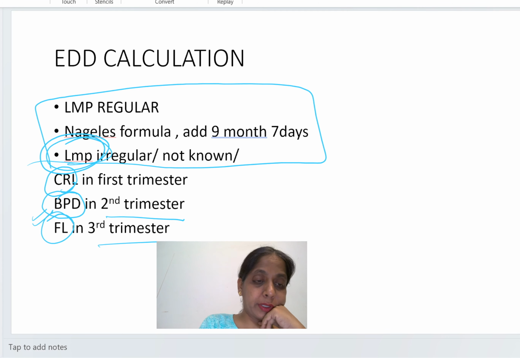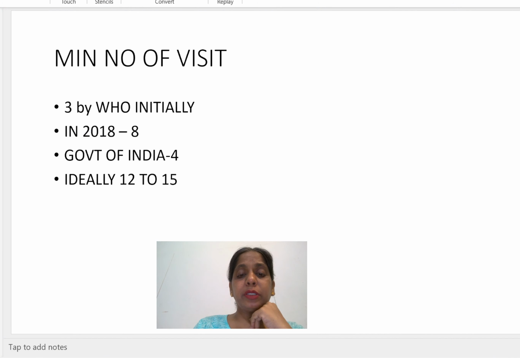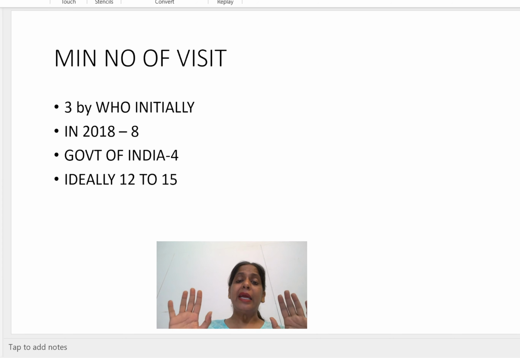Okay. Now the last question, last slide: what is the minimum number of antenatal visits the lady has to have during pregnancy? First, WHO used to say that the minimum number of visits is 3. Then in 2016, WHO changed it to 4, but in 2018 WHO has made it 8.